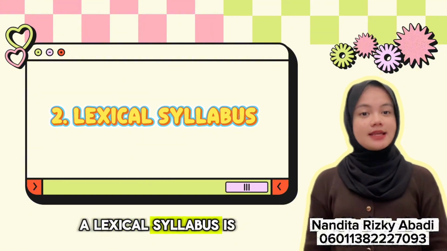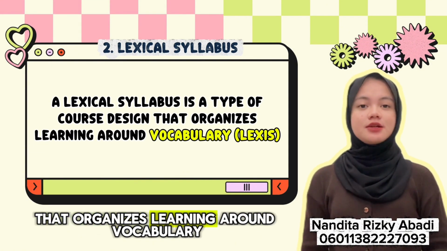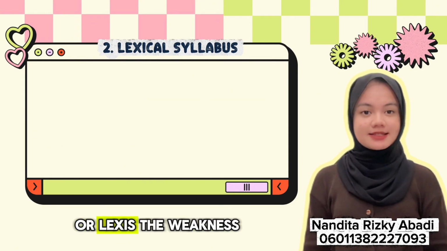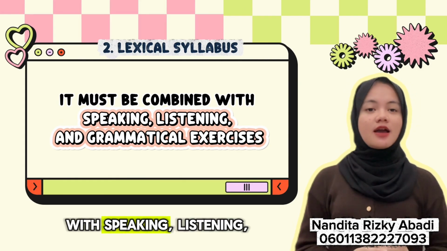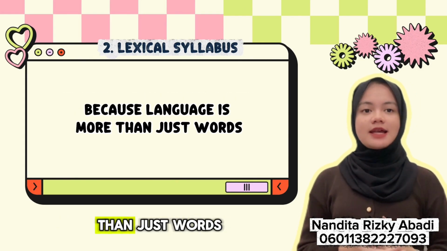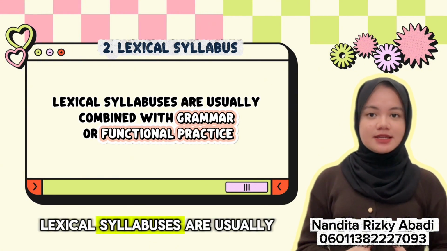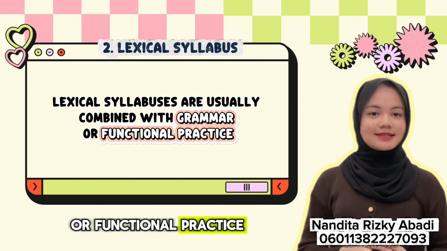A lexical syllabus is a type of course design that organizes learning around vocabulary or lexis. The weakness is that it must be integrated with speaking, listening, and grammar practice. Because language is more than just words, lexical syllabuses are usually combined with grammar or functional practice.